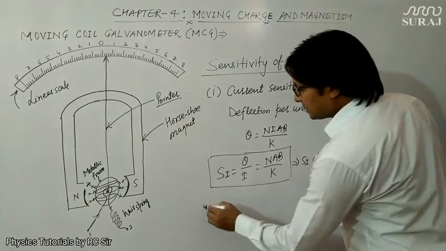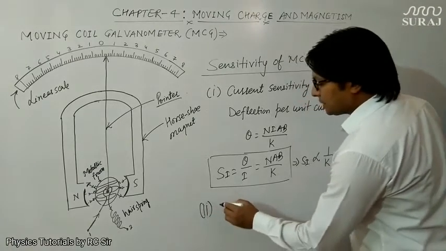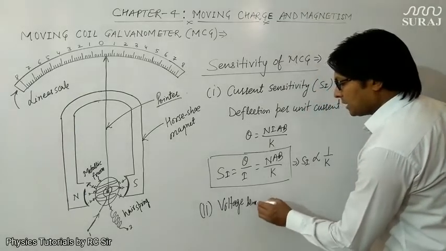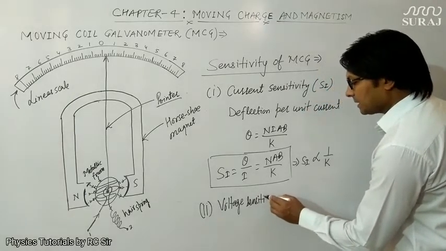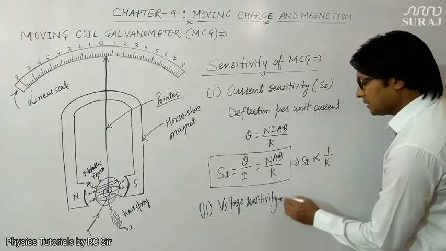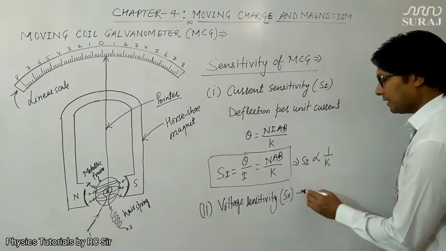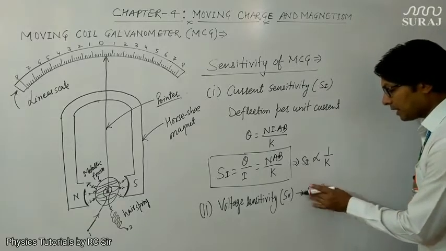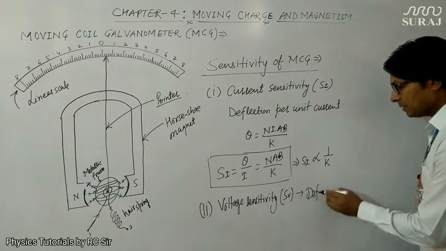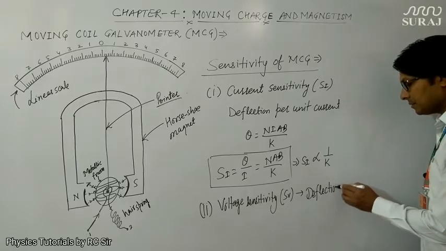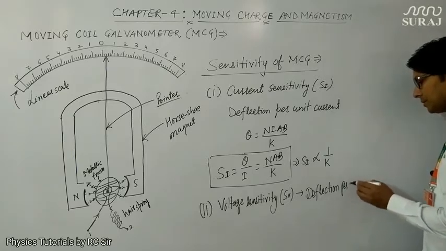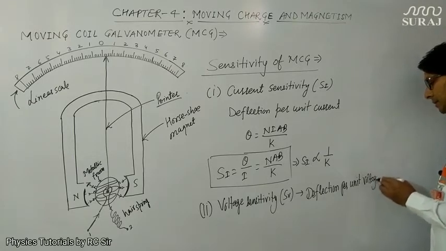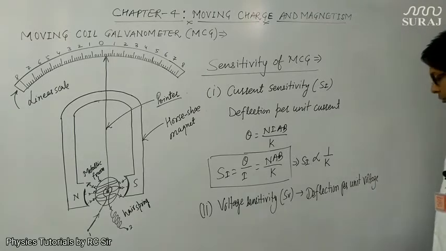Now comes the second type of sensitivity, which is voltage sensitivity. As the name suggests, it can be defined as deflection per unit voltage applied across the coil of the galvanometer.